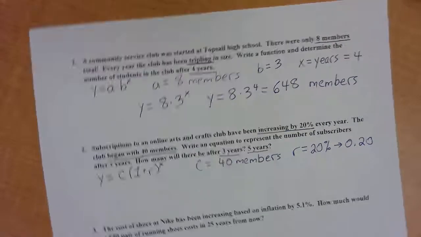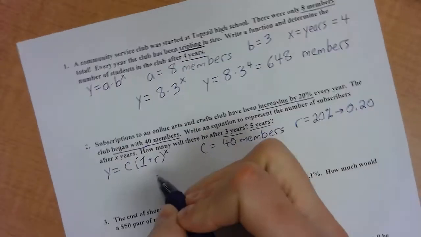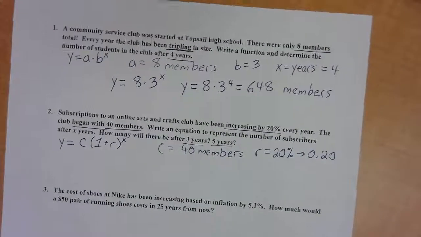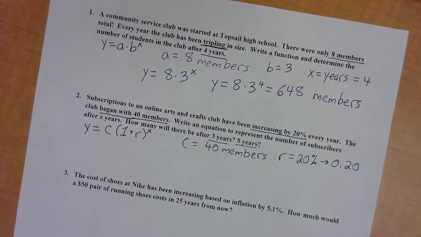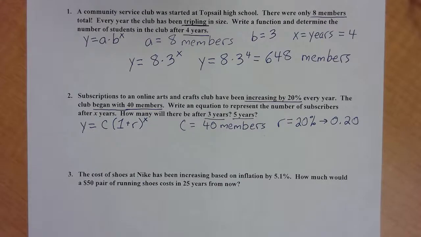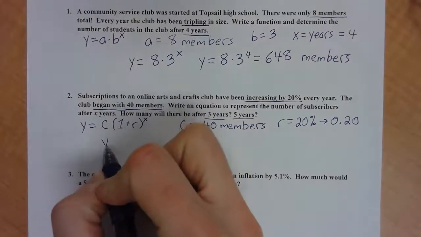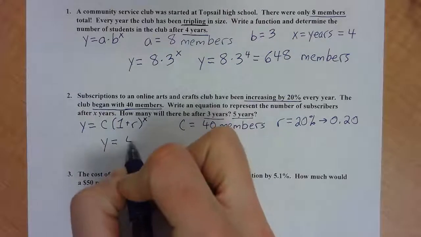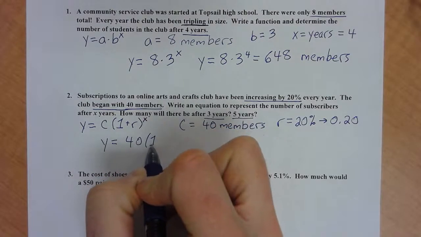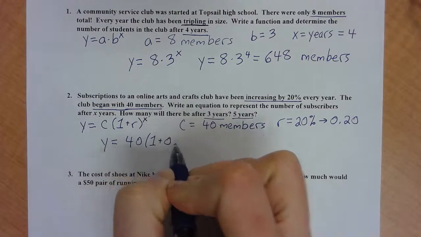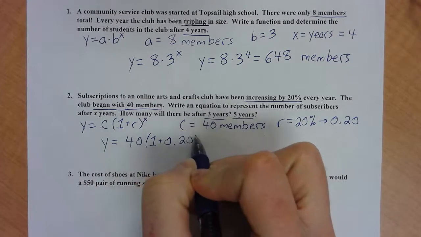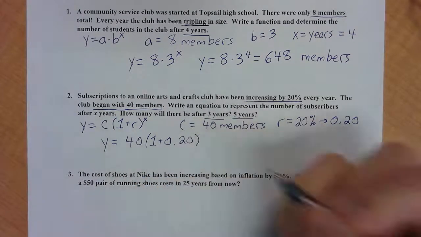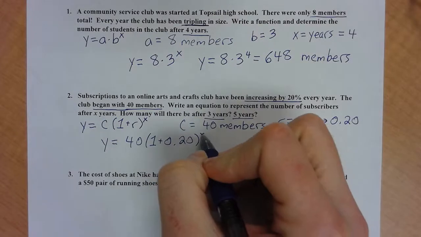And we have made our equation. We're going to write our equation out. Y equals 40 times (1 plus 0.20) and raise that to the power of X.